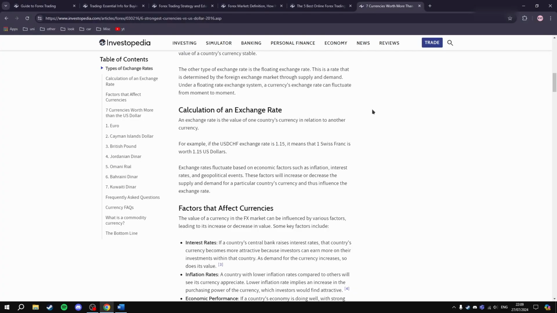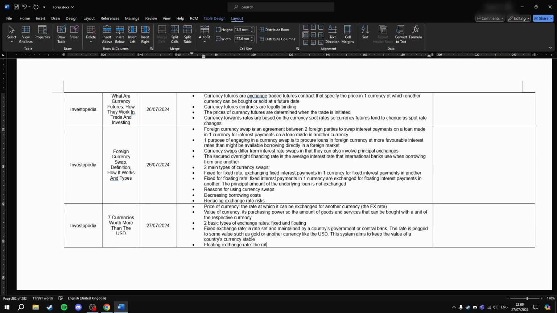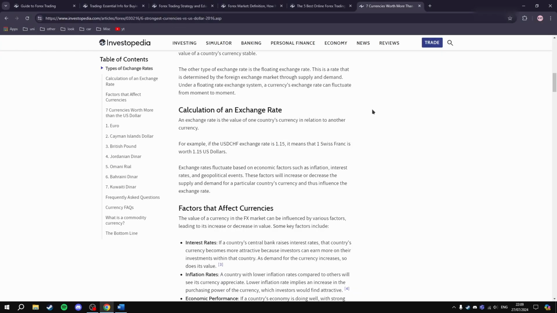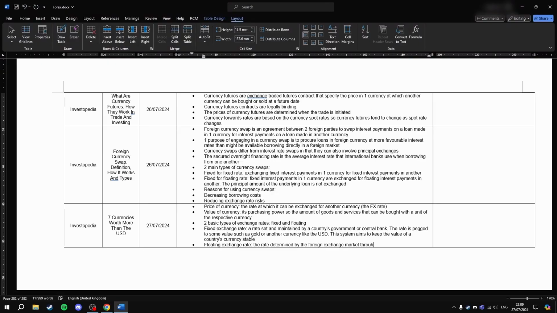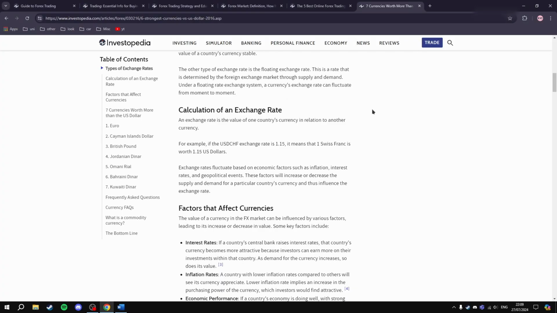This is a rate that is determined by the foreign exchange market through supply and demand.